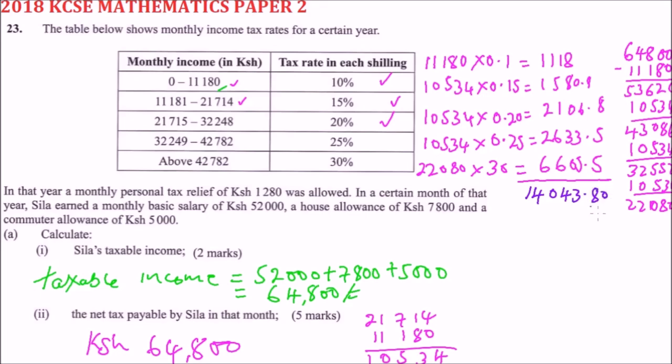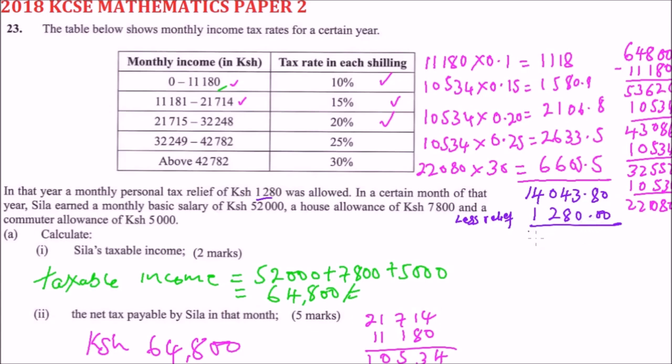14,043.80. So this is the total tax, but then we are told that there was a relief of 1,280. So we say less relief. So we subtract 1,280 from the tax that we have obtained.